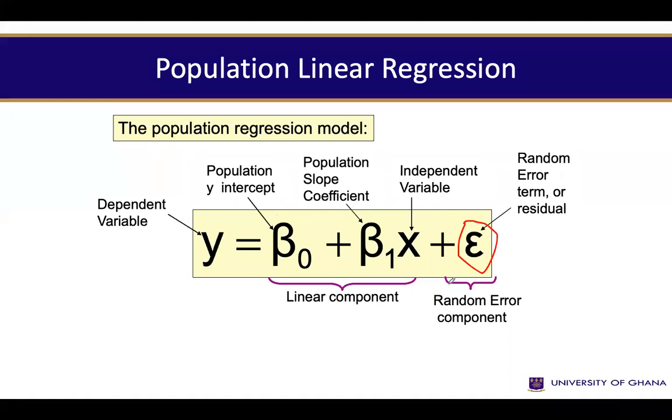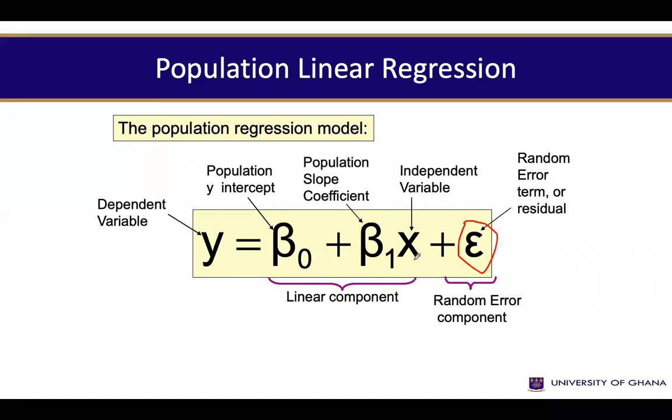And then the new addition is the error term. Now, why do we have to add the error term in a linear model of this nature? Because we are using x to predict y. If we are using x to predict y, then what it really means is that we will just predict, and chances are that the actual value of y may not be the same as the predicted value of y.